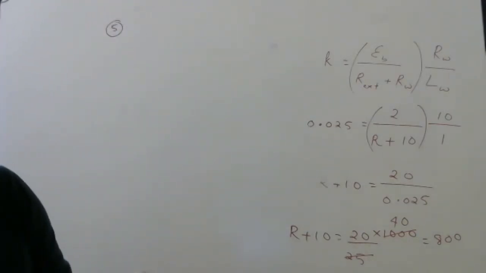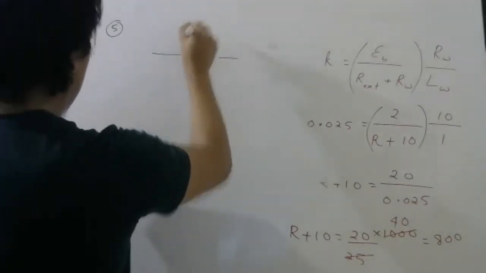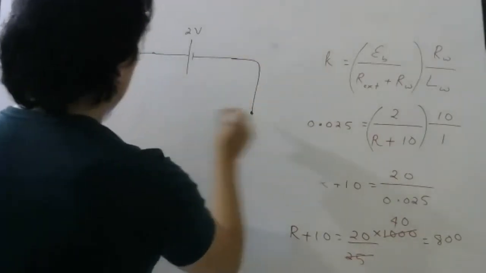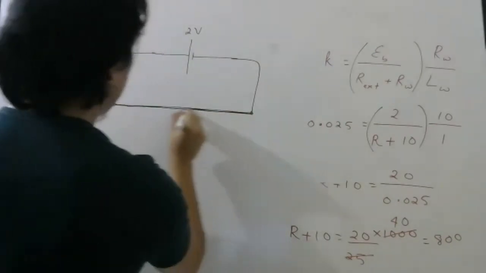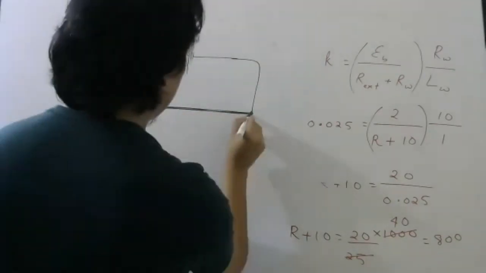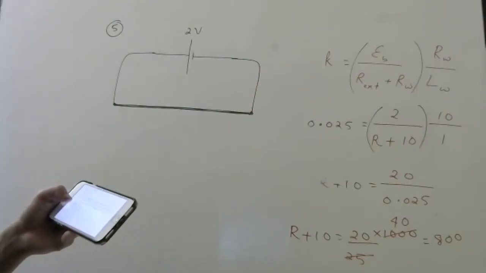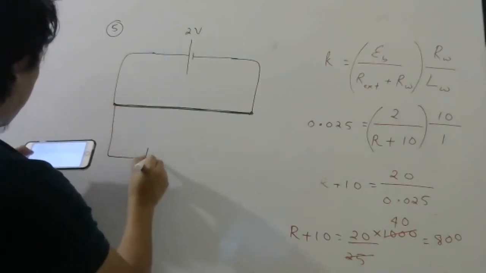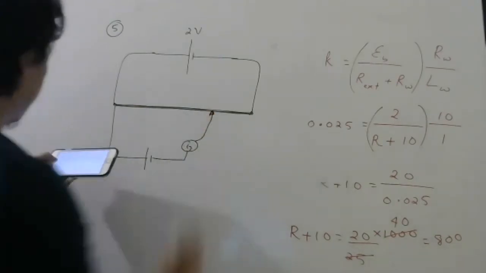A potentiometer is used for determination of internal resistance of a 1.5 volt cell. Here there is a 2 volt battery connected to this potentiometer wire. Here is the 1.5 volt cell, this is the galvanometer, and this is your balance point.